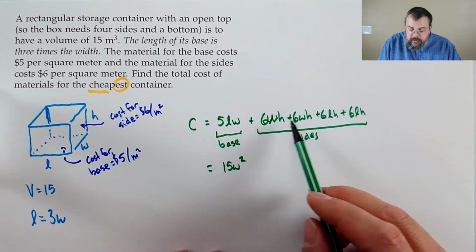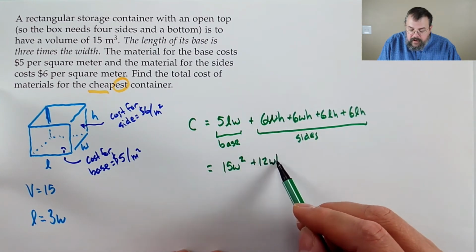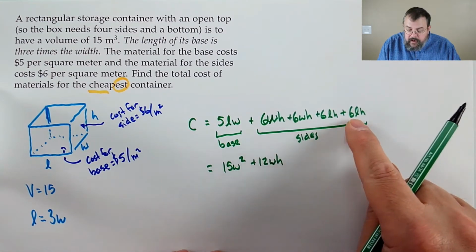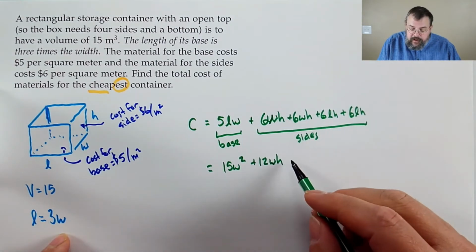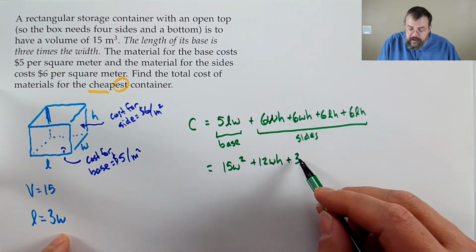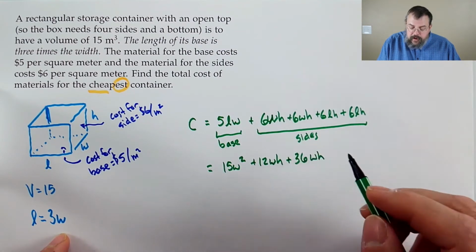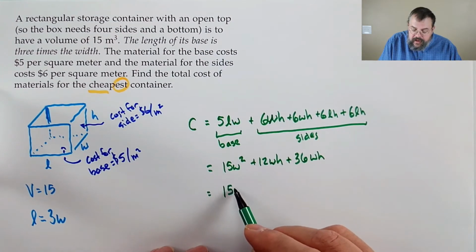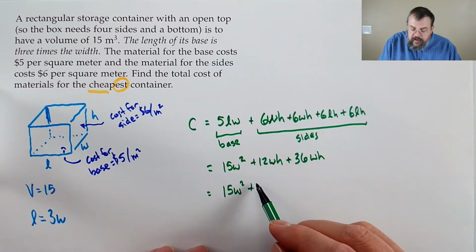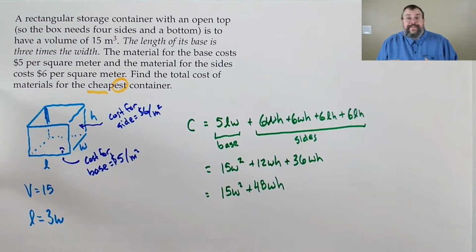Here I'd have 12wh, nothing to replace. And then here I'd have 12lh, but remember, L is 3 width. So 12 times 3 would make it 36 times wh. Well, what do we really have? 15w squared plus 48wh. All right, that's good. We've gone down to 2, but we still need to get down to 1.